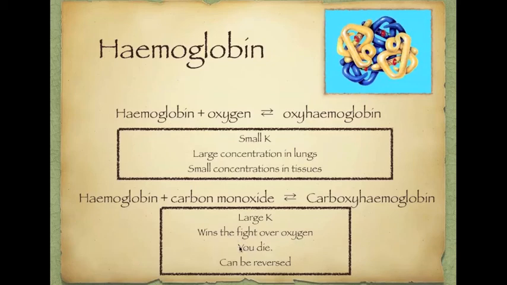The good thing actually is that this is always reversible. So if you see someone who's suffering from carbon monoxide poisoning, say they're sitting in a car park that doesn't have nice extractor fans, and you see them starting to feel a bit faint because they have too much carbon monoxide, if you just remove them from the source of carbon monoxide, it decreases the amount of carbon monoxide, so therefore this reaction goes backwards.